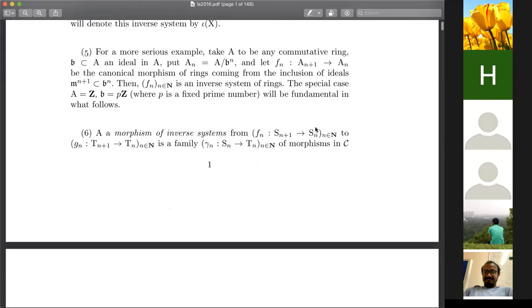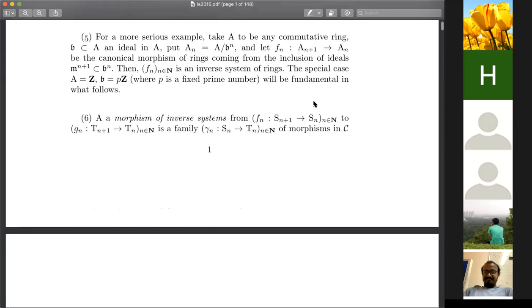So here is a more interesting example, and that's a very basic example, as we shall see. You take a commutative ring A, and you take an ideal B in your ring A. Then you take An to be A modulo B to the n, right? So you have just given the objects A0, A1, and so on, but you have to now give morphisms between these objects, which is homomorphisms of rings in this case.